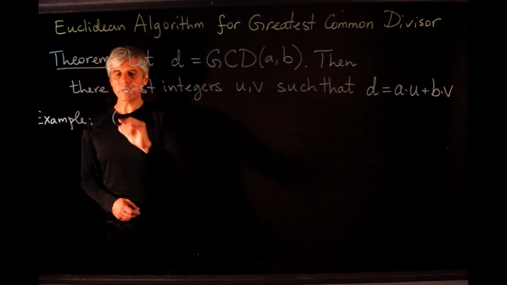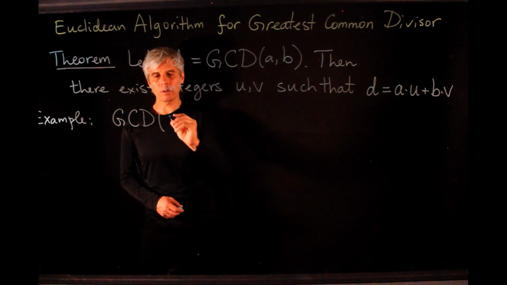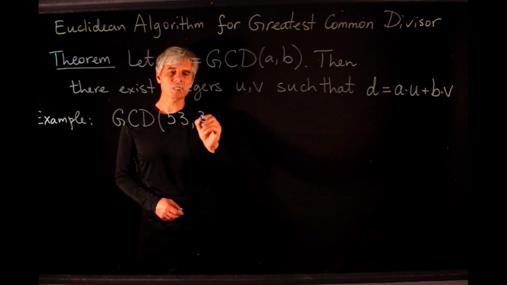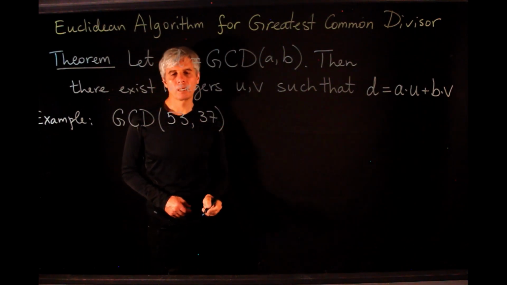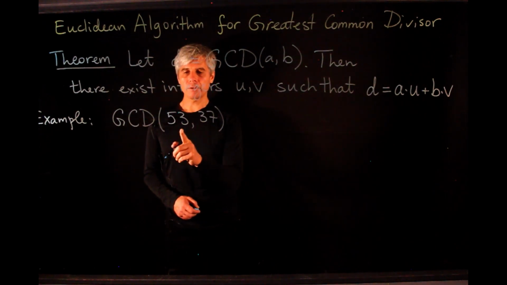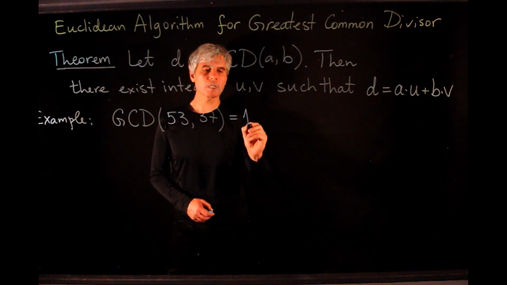So what's the greatest common divisor, say, of 53 and 37? Well, 37 is a prime number, and 53 also, right? So this means that this surely is equal to 1.